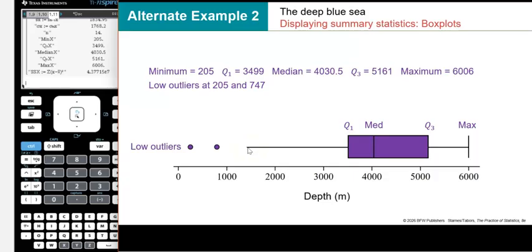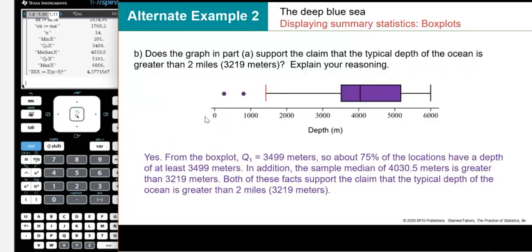It stops at 1372, or whatever that number was that I just saw. So the next biggest number after the outlier would be where that whisker ends for the box plot. And on the right, there's no dots because there's no outliers on the right. There's only low outliers. Low outliers are unconnected points there.